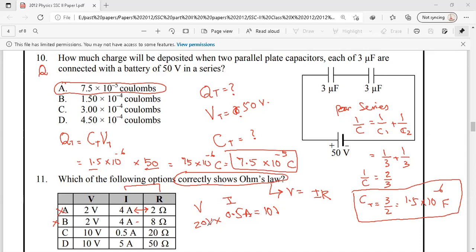Sorry, 20 is ohms, so this is resistance, and 10 volt is the voltage. So the product of resistance and current is equal to voltage. This means that option C is the right answer, because the product of resistance and current is equal to voltage. So option C is the right answer.